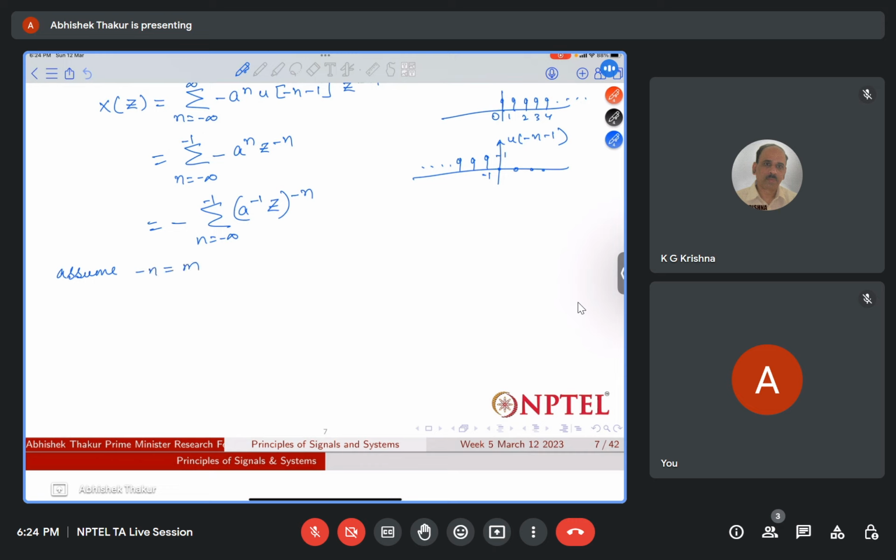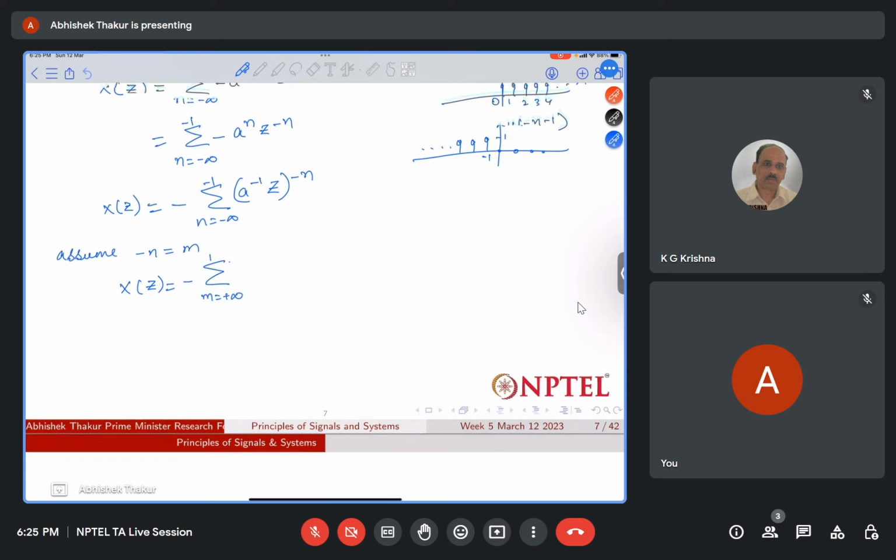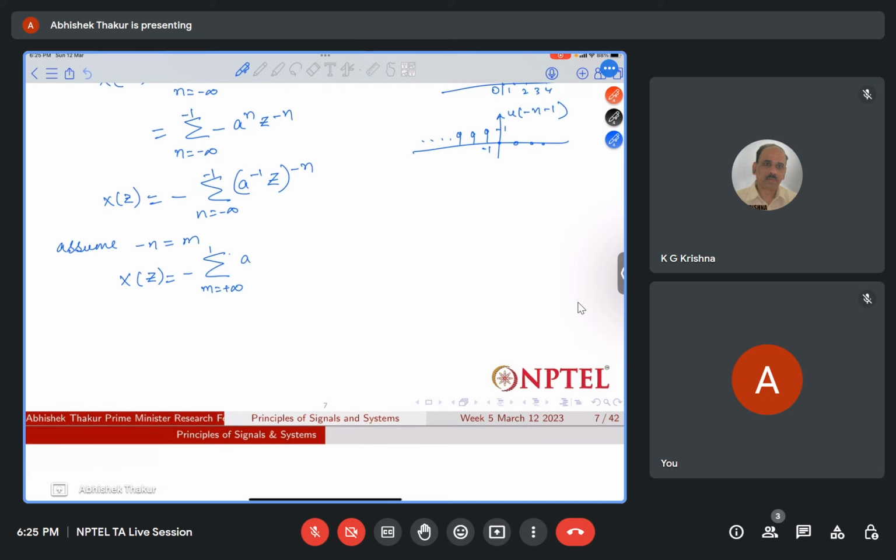So X(z) will be minus the summation, where if n is equal to minus infinity then m is infinity, and when n is equal to minus 1, then m is equal to 1. So this summation will be from infinity to 1 of a inverse z to the power m.